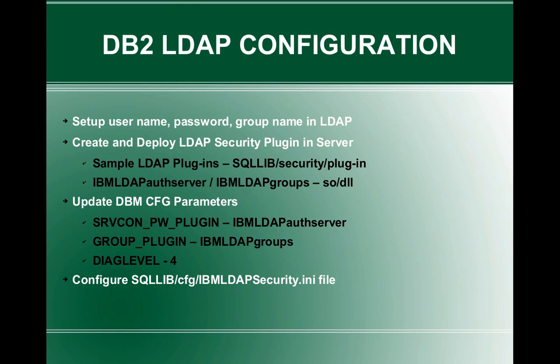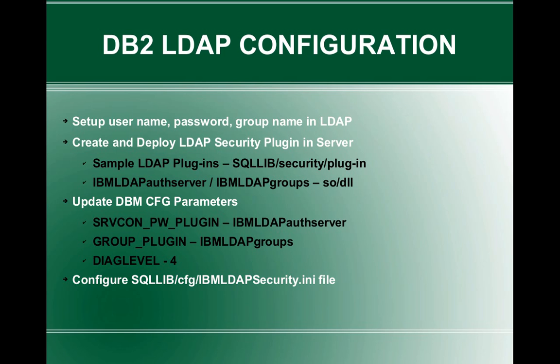These are the steps for configuring DB2 LDAP. First, you need to set up the username, password and group name in the LDAP server. The second is we need to create and deploy the LDAP security plugin in the server. A security plugin can be developed from scratch and deployed in the server, but we'll be using the sample LDAP plugin that is already available when you install DB2.